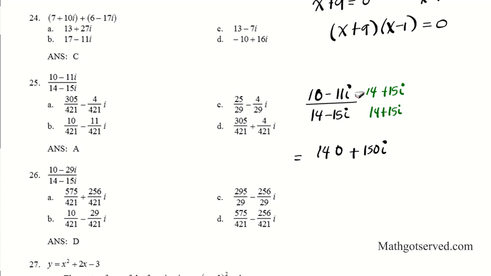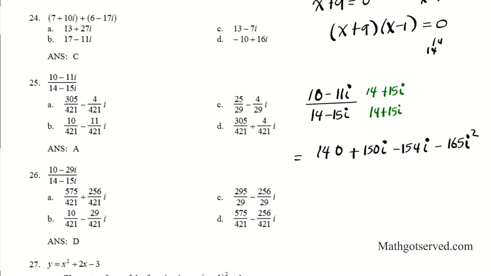And then 14 times 11 is 154, so negative 154i. And then 15 times 11 is going to be negative 165i squared. Okay, that's for the numerator.